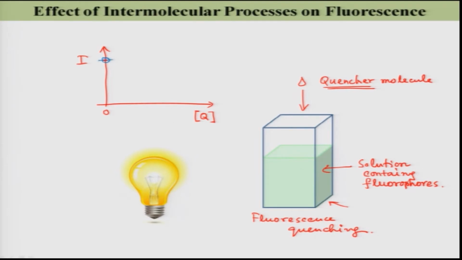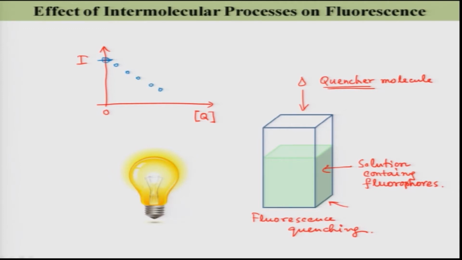It will start from a value that depends on the excitation light source, the concentration of the fluorophore present in the solution, these are the main things, and obviously the quantum yield of the fluorophore. Depending on that I will get a particular value of intensity, and then that intensity value will keep decreasing this way as I change the concentration of the quencher.